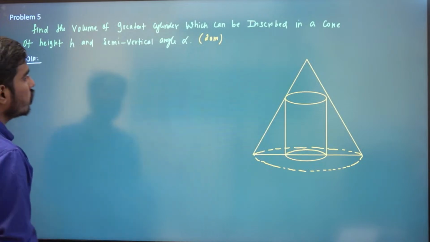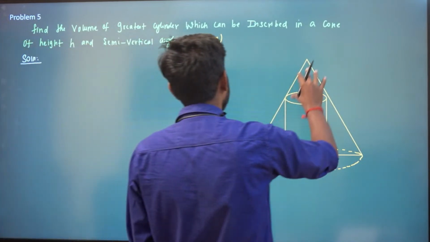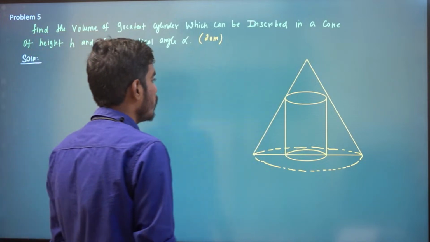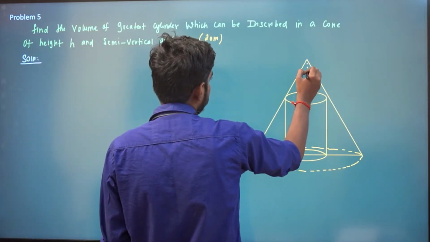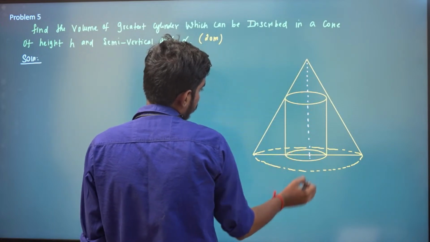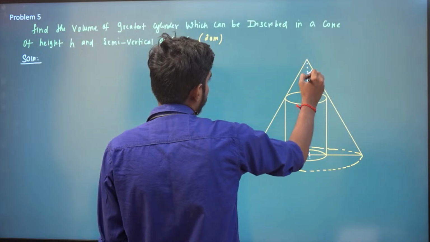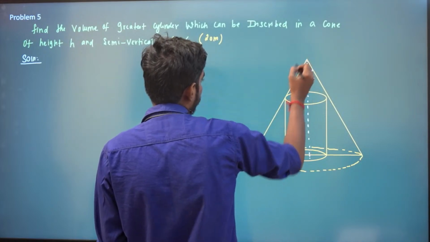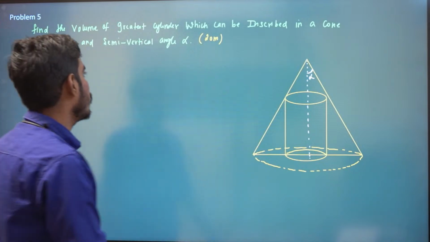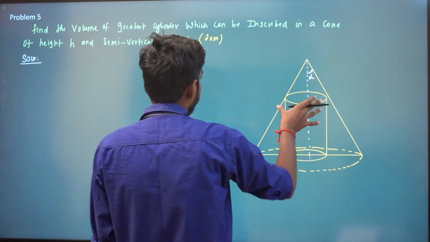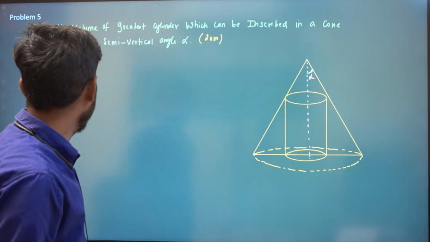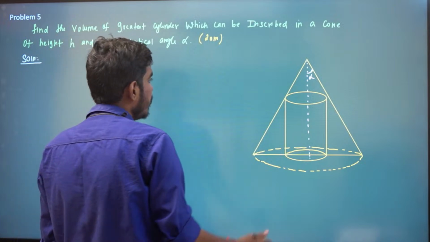We need to find the volume of the greatest cylinder which can be inscribed in a cone of height h and semi-vertical angle alpha. The semi-vertical angle is this, right? So for the cone we have semi-vertical angle alpha, and we need the volume of the greatest cylinder that can be inscribed in this cone with respect to alpha and height h.